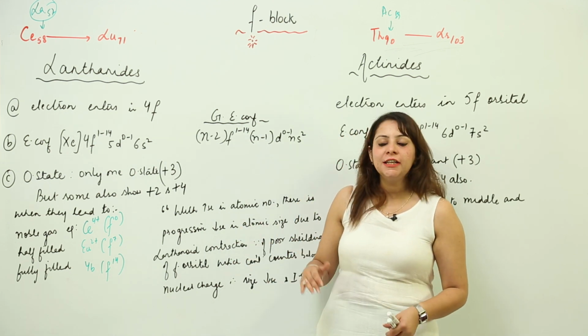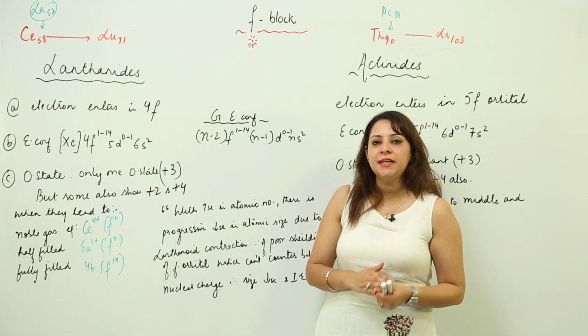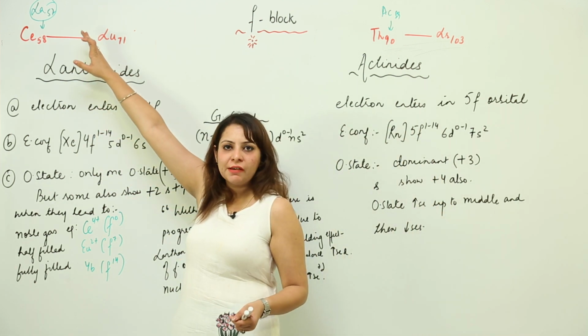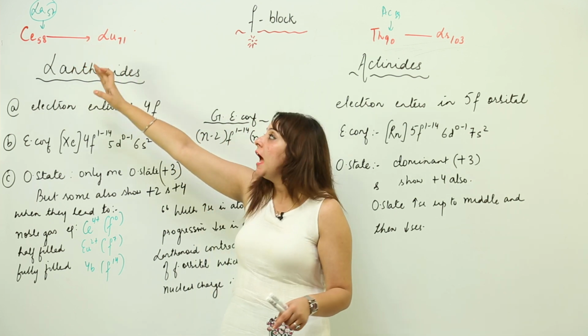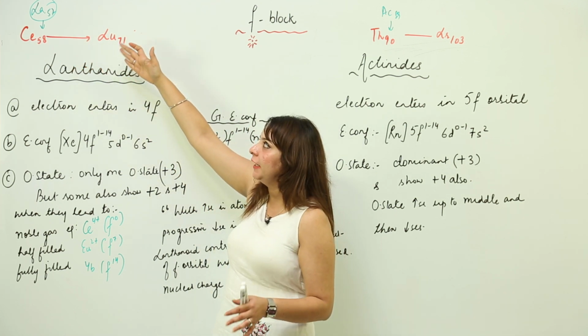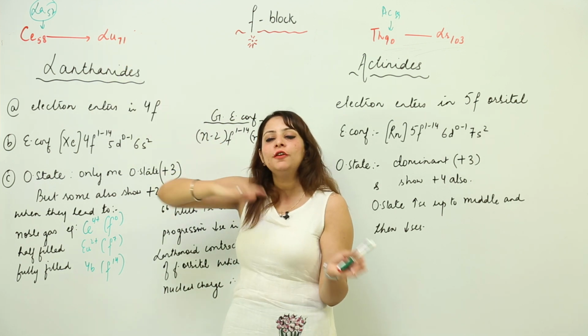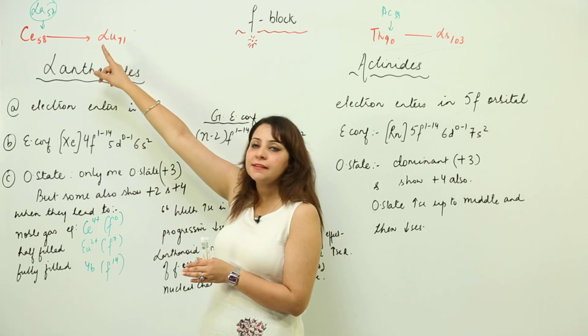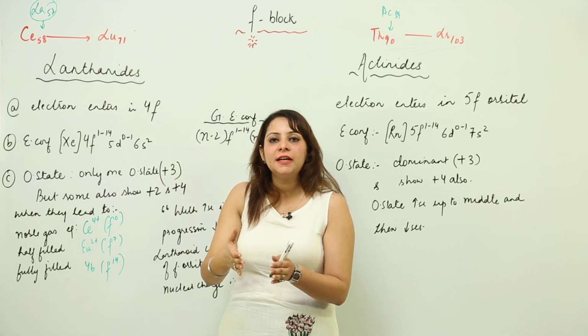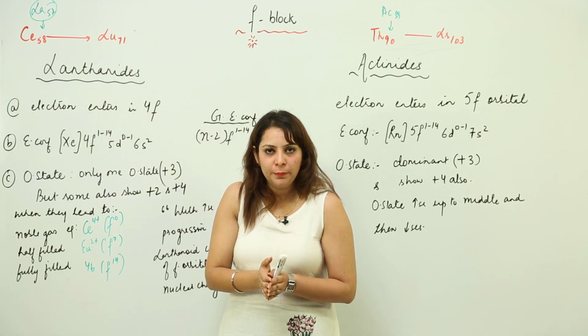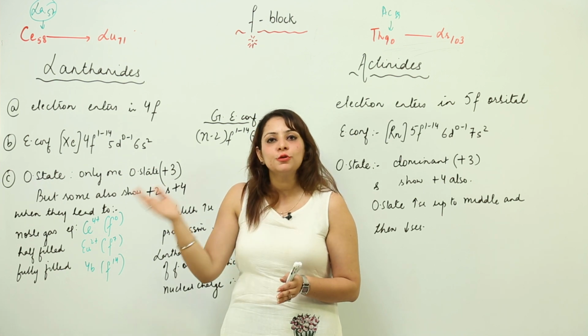In the third transition series we see lanthanum, which is atomic number 57. It is the first element of the third transition series, and after this 57, the filling of the F orbital occurs, because in this case 4F is 0 actually, but after that the filling of the 4F orbital takes place, starting from 1 to 14.